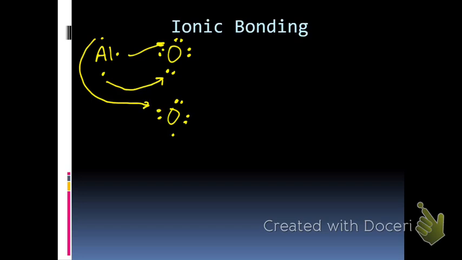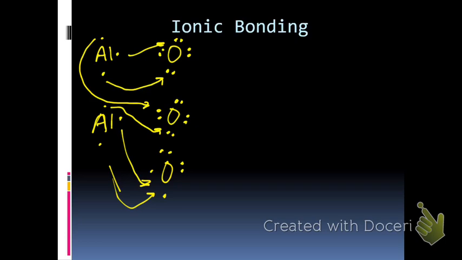And then unfortunately that leaves another oxygen unhappy, so another aluminum. Because you see this oxygen here is actually missing an electron. So we bring in another aluminum, which has 2 valence electrons, and these 2 electrons go here and here.